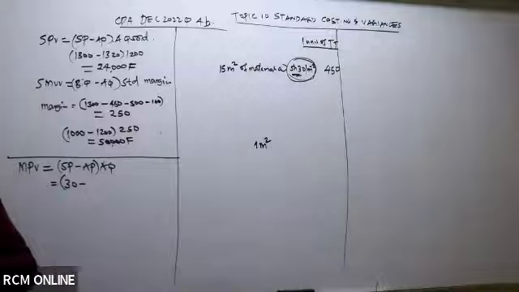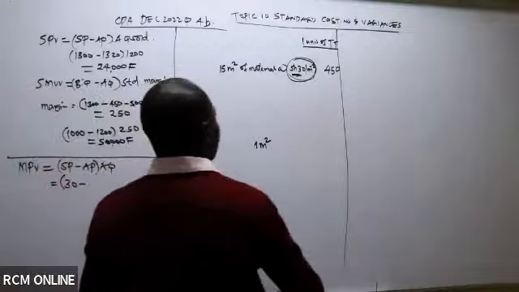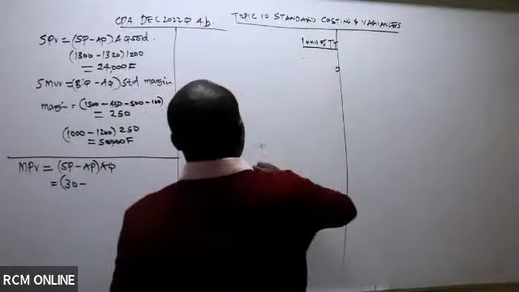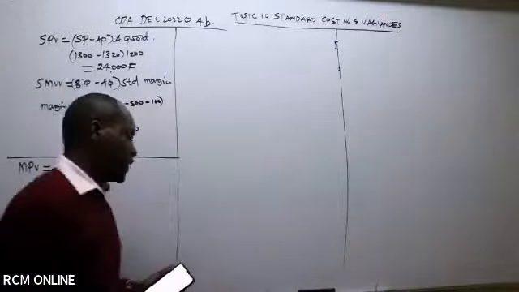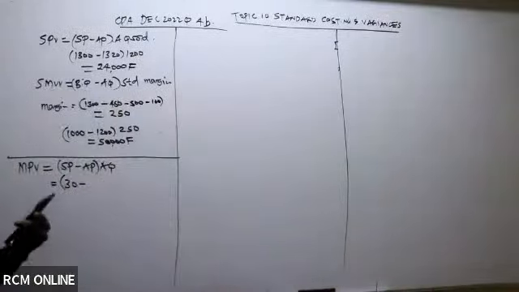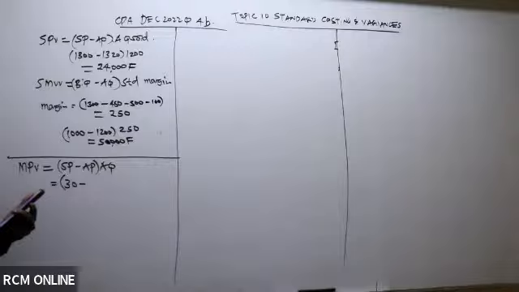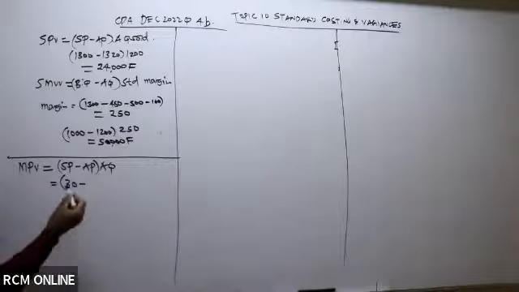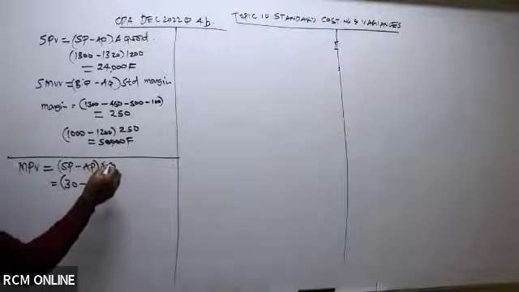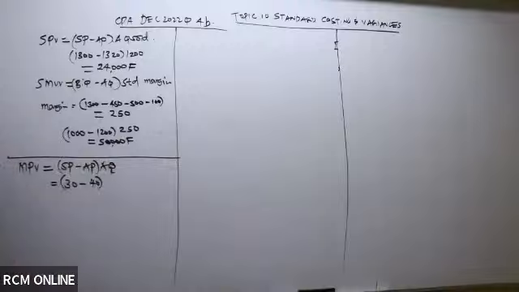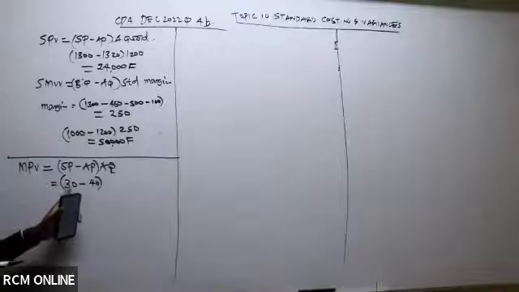Good. Actual price. What is the actual price per unit of raw material? 40 shillings per square meter. But before you look at the actual quantity purchased, they plan to spend 30 shillings per unit of raw material.